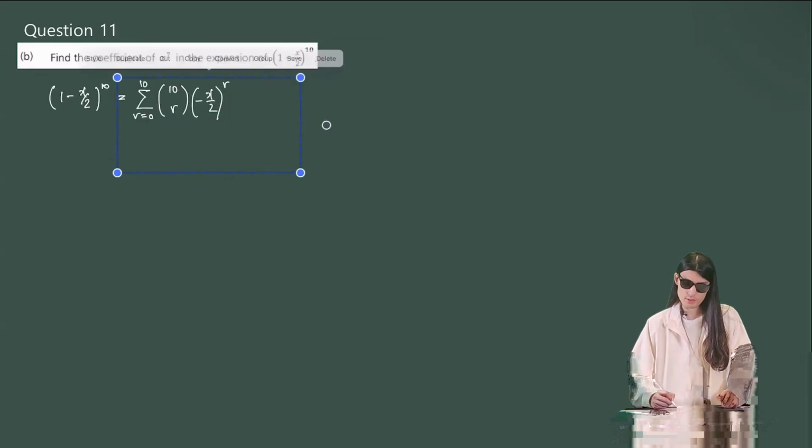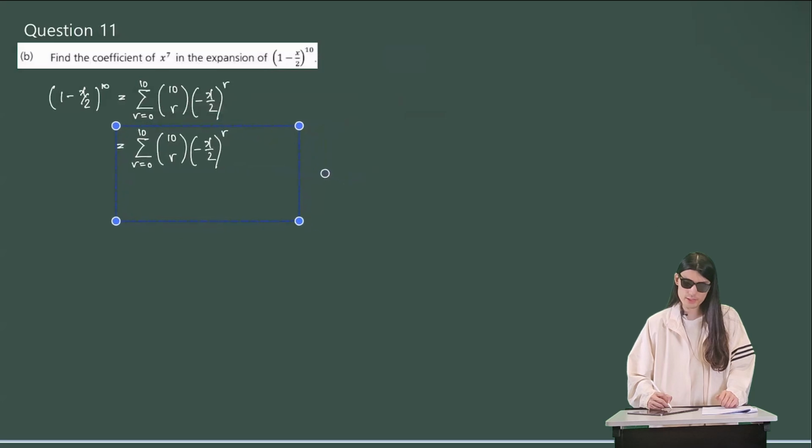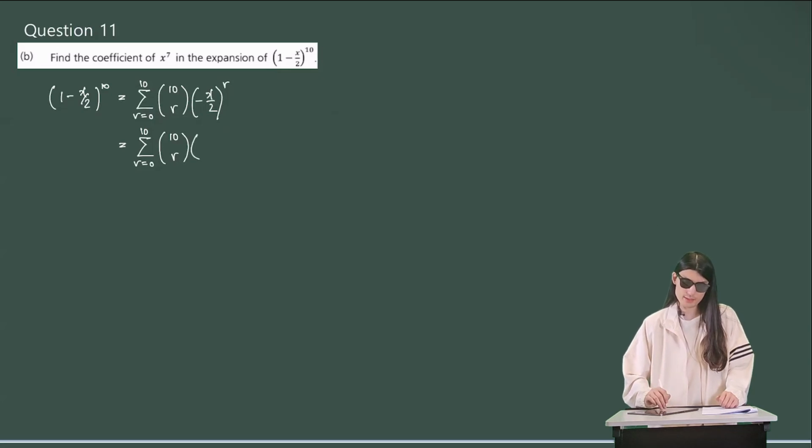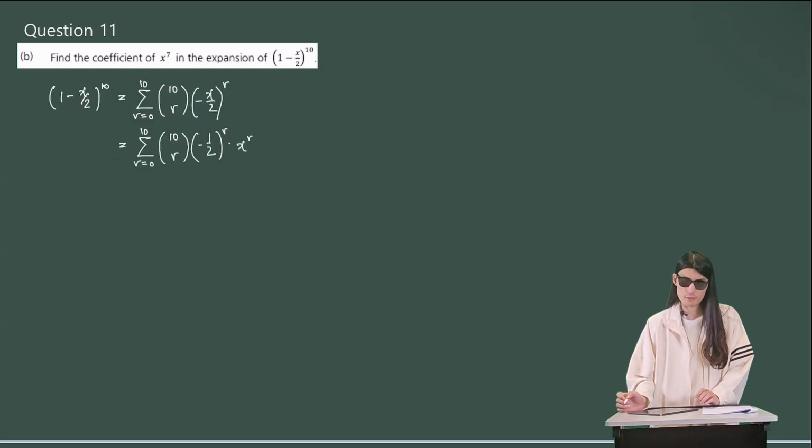And splitting the coefficient out, I can write this as negative 1 on 2 to the power of r multiplied by x to the power of r, can't I? Of course, we're interested in x to the power of 7.